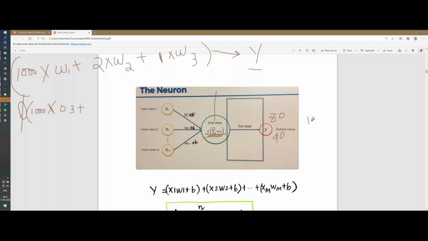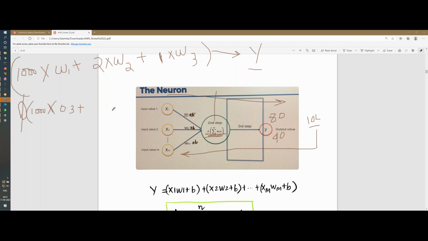Based on this error, I will go back and change the weights.